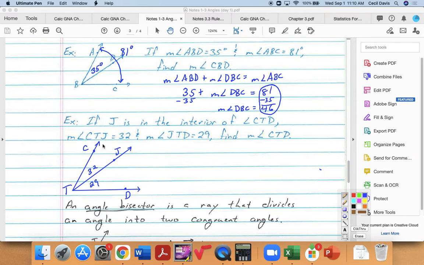And I want the measure of angle CTD. What do I need to do to these two angles to get the measure of the whole thing? Just add them, yeah. So it's just going to be 32 plus 29 gives me the measure of angle CTD.